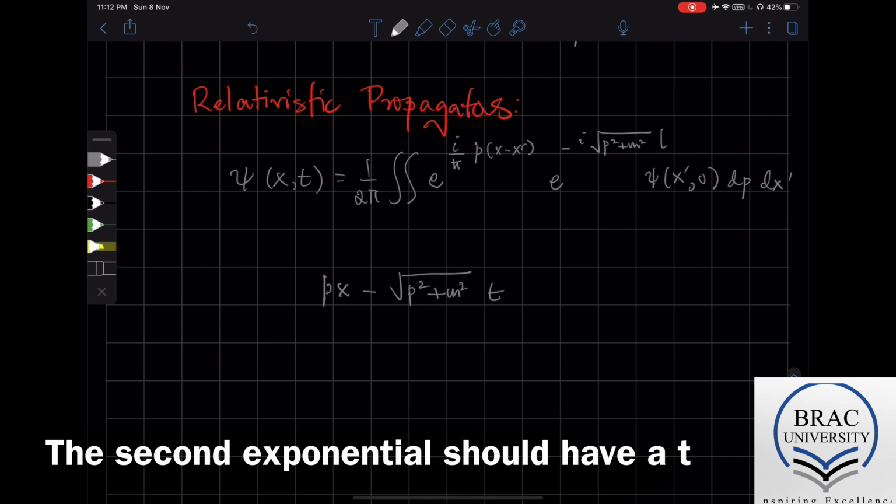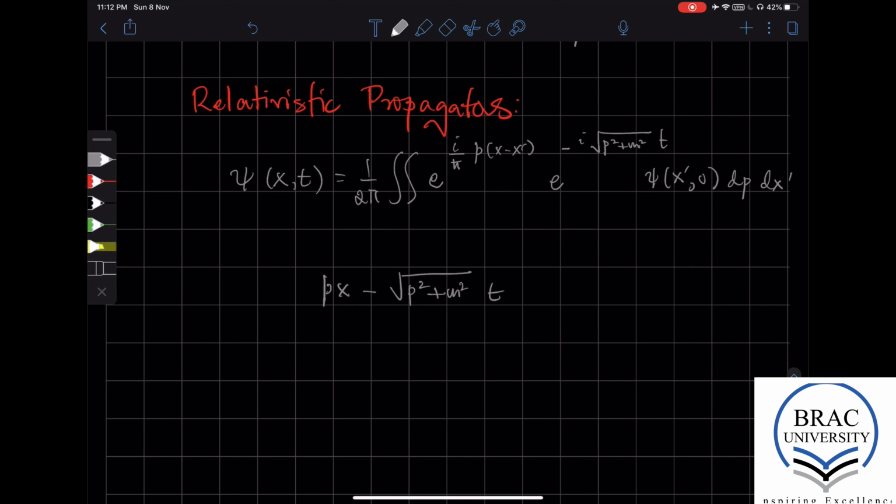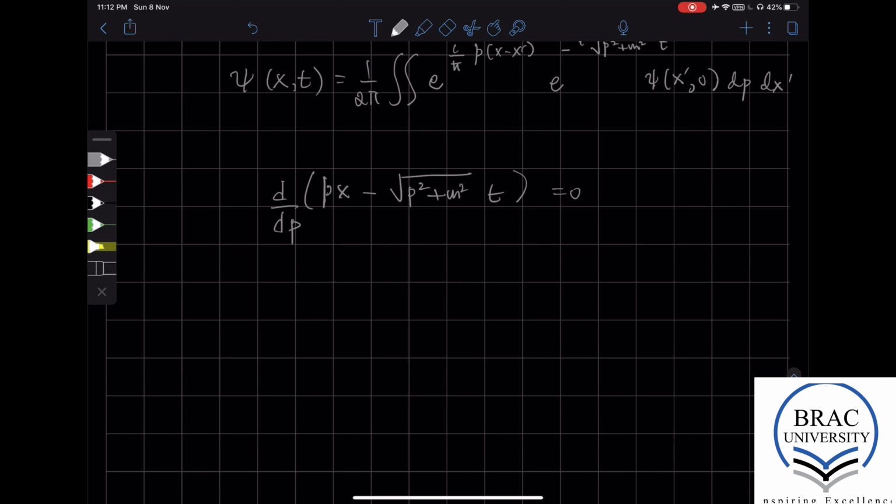Oh, there's a t here that I forgot. And then we take its extremum. So we solve this equation, and we find that the stationary point of p is i x m divided by the square root of x squared minus t squared. By the way, I've also put x prime equal to 0, just for convenience.